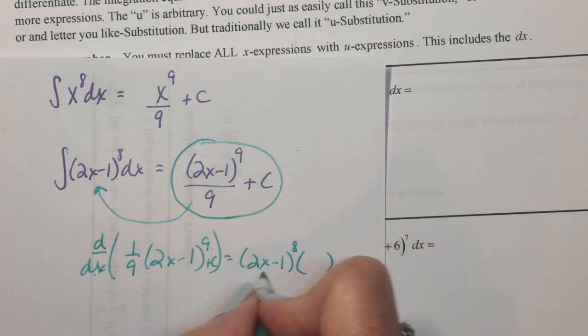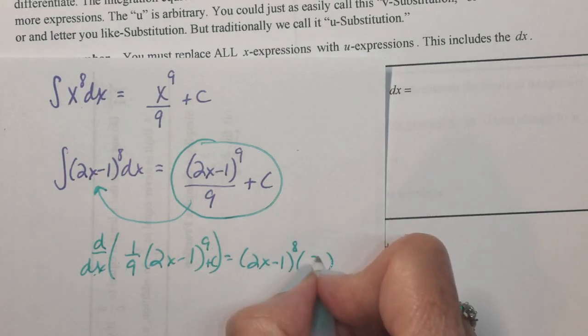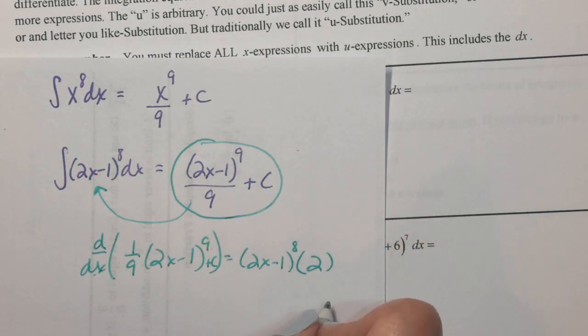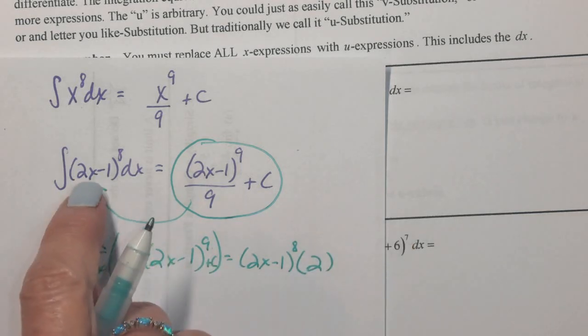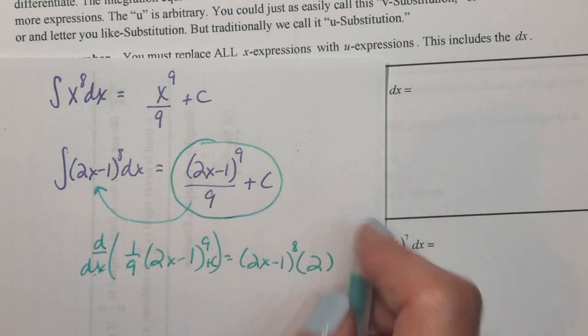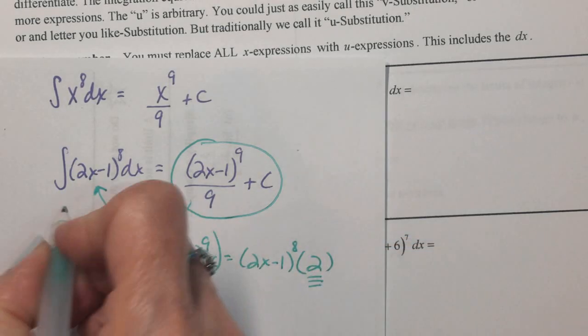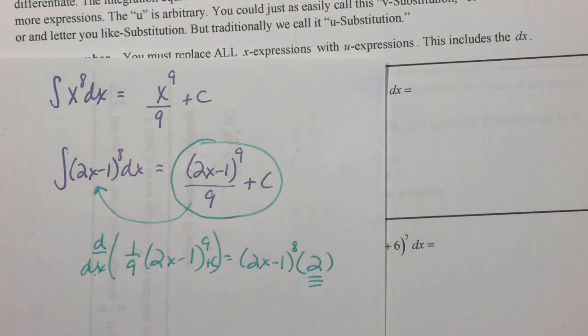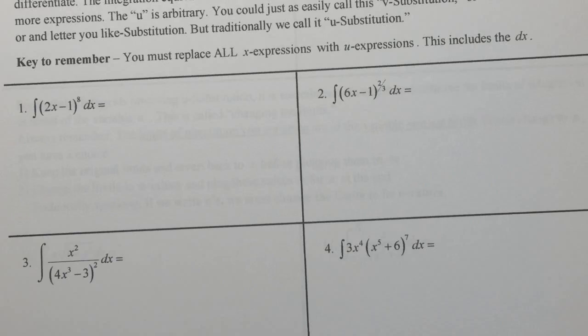Times the derivative of the inside, 2. Is that derivative the same thing that we started with? No, it is not, because it has this extra 2, right? So u-Substitution will help us take care of that 2 there, all right?